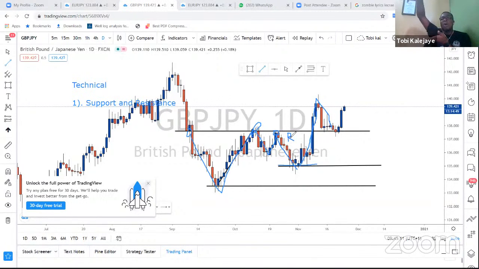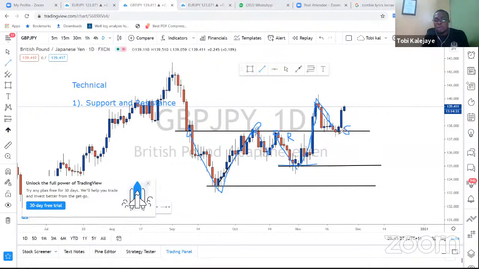The floor of the guy on the first floor. I hope I've not lost you. All right, so this resistance point got broken. And then what happened? Price pushed down and then it became what? The support point. It became a support point.